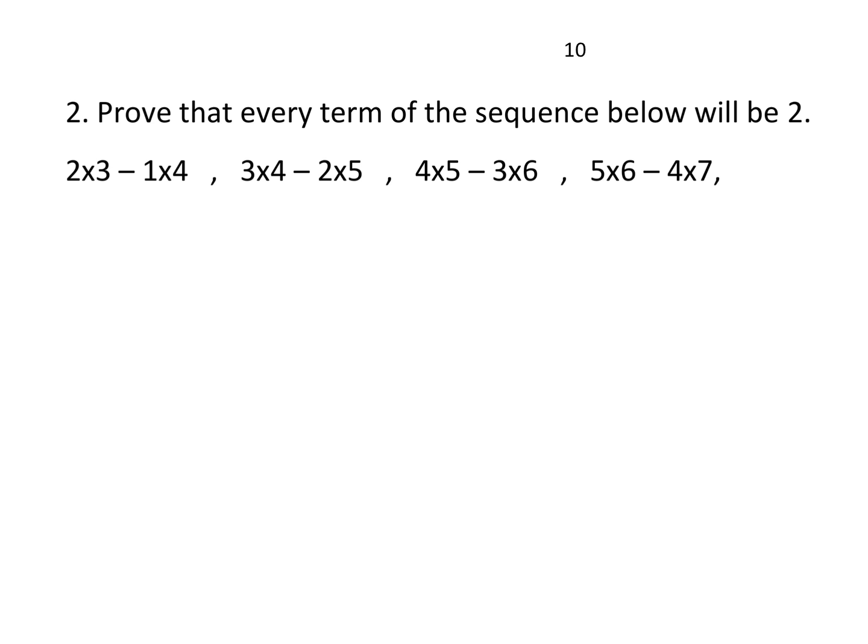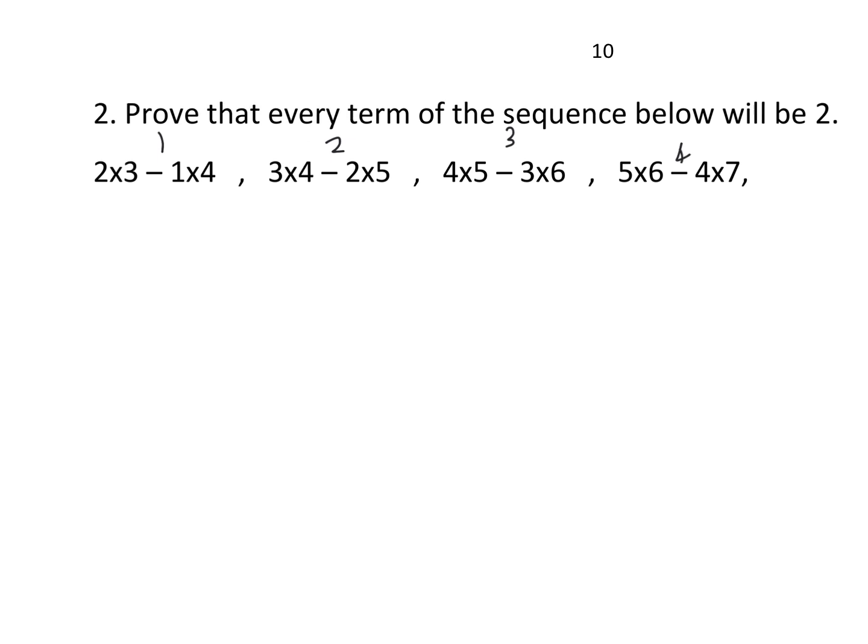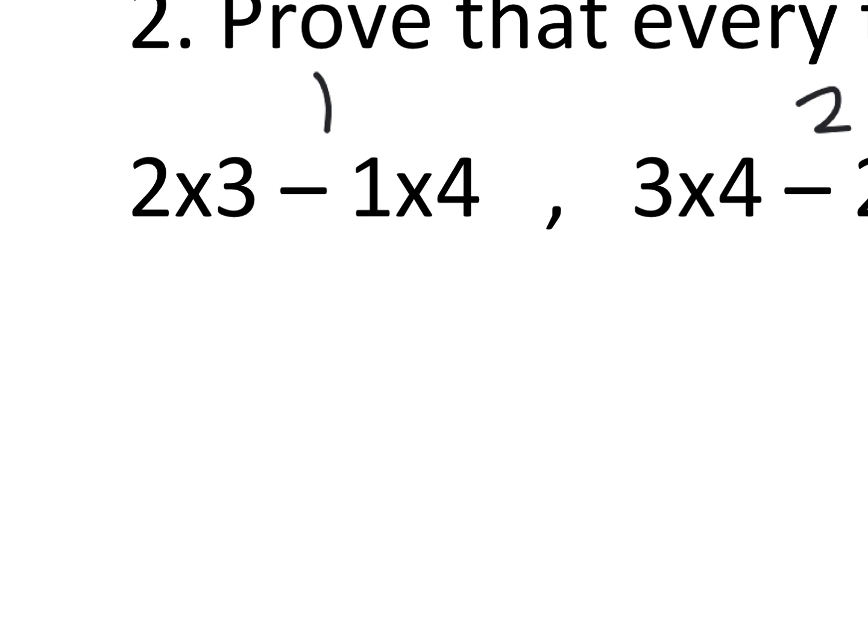So let's take this to be the first term, second term, third term, and the fourth term, and so on. If we try to relate the term number to the numbers that are here, this is n plus 1 times n plus 2 minus n times n plus 3.